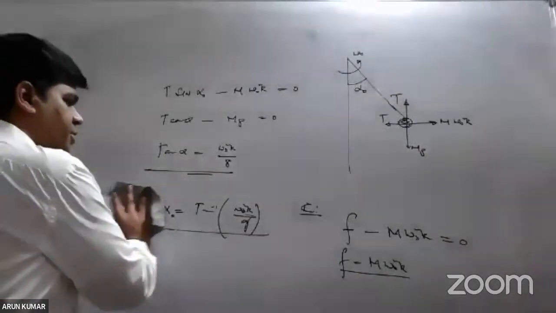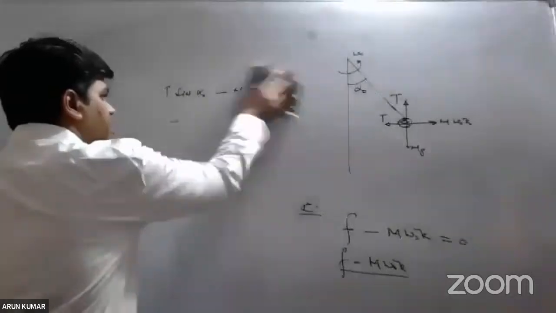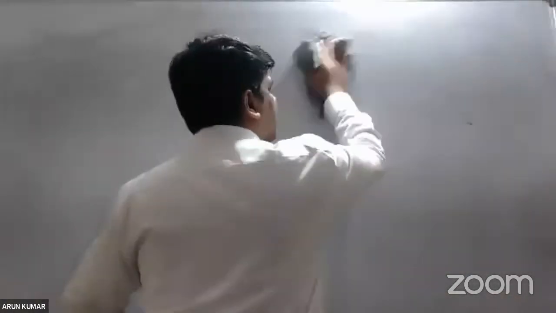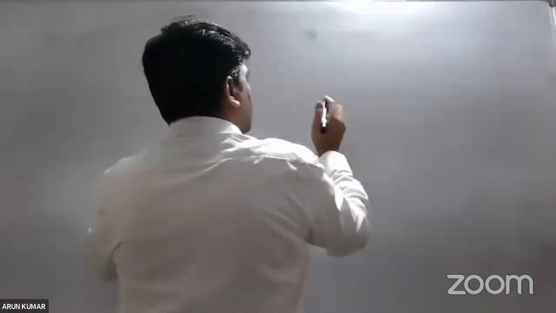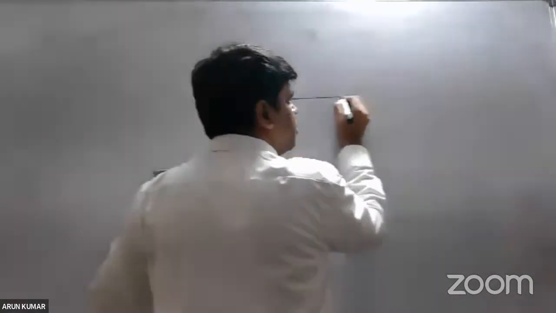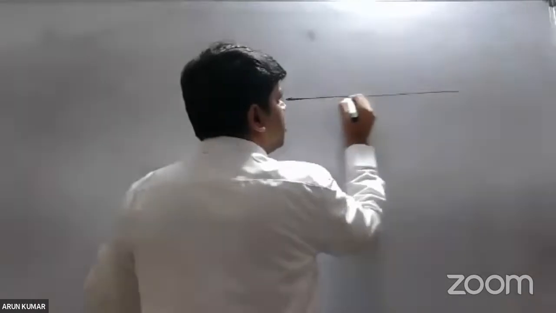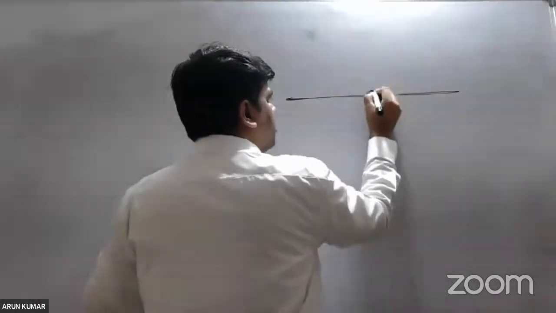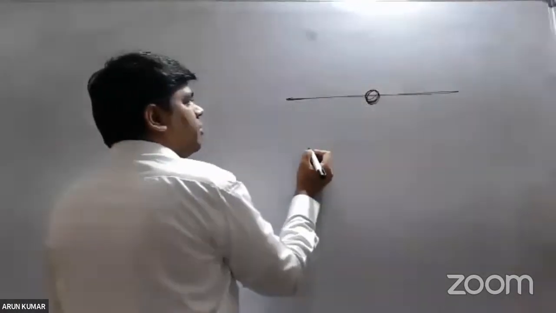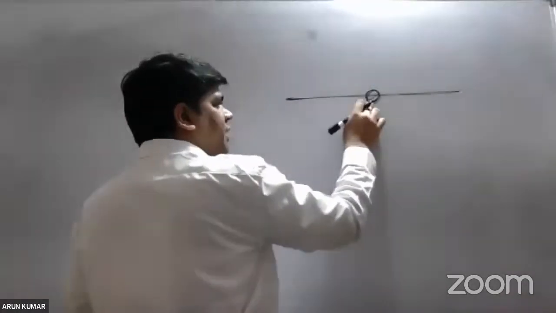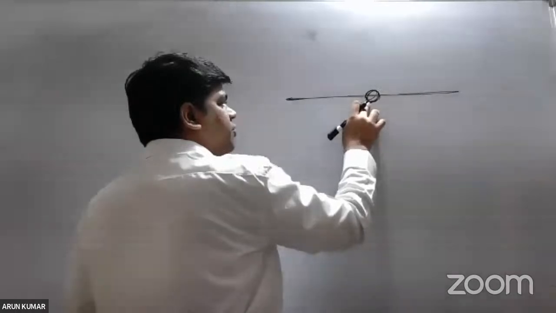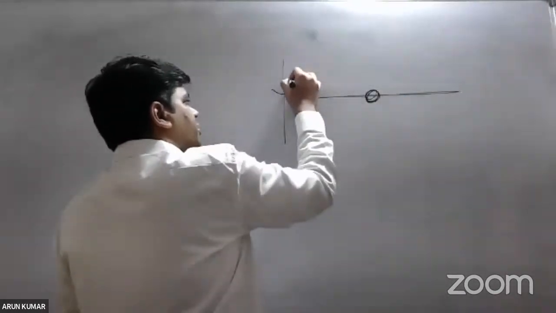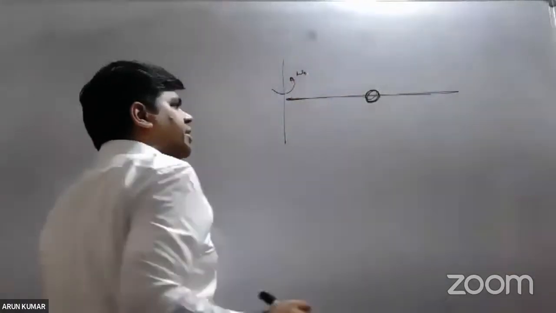Okay, now let us understand a problem. I've got a rod along which there is a bead which can slide along the rod freely without friction. So there's no friction now. This rod is rotating about this one with angular velocity omega.